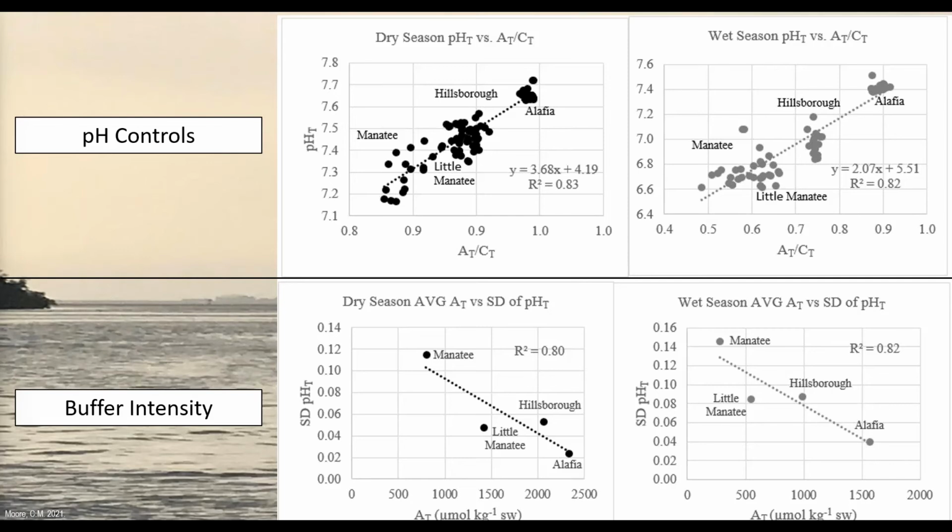You can see as the average standard deviation of pH increased, AT decreased for all four rivers. The same can be said for CT, which isn't shown here. The daily variability of the poorly buffered Manatee River is particularly notable each season, where you'll see in the dry and wet season, it's located on the upper left of each of those graphs.